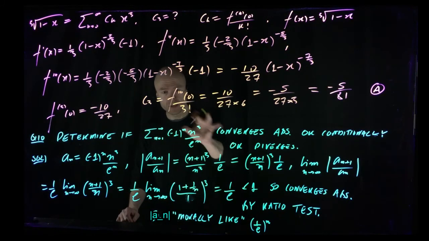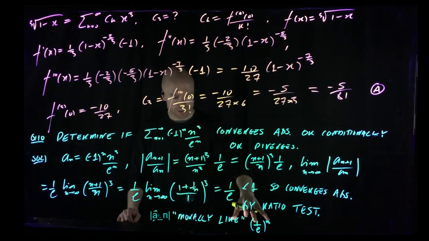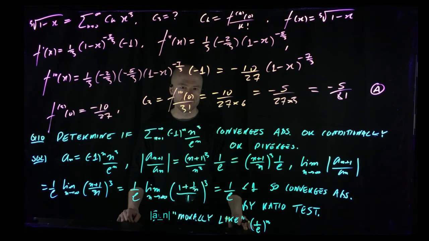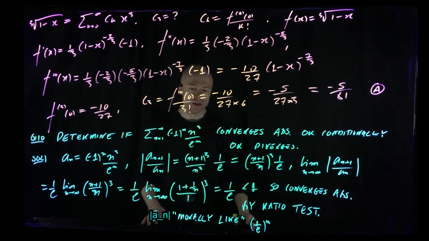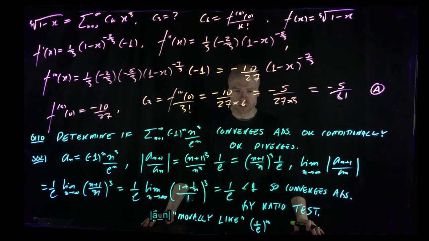So underneath the unimportant structure, this guy is like this guy, and therefore, when we take the absolute value of this guy, it is like this guy, and therefore it will converge absolutely.